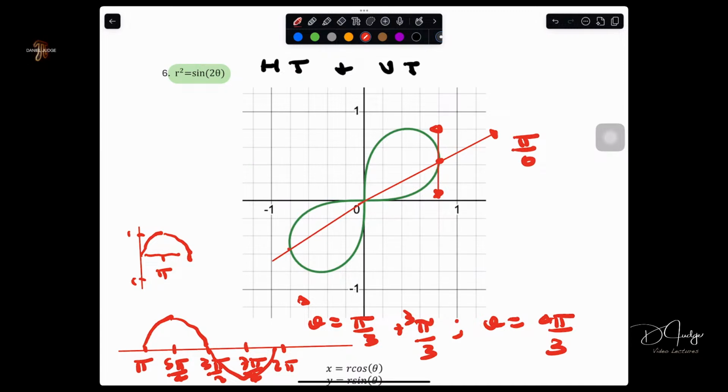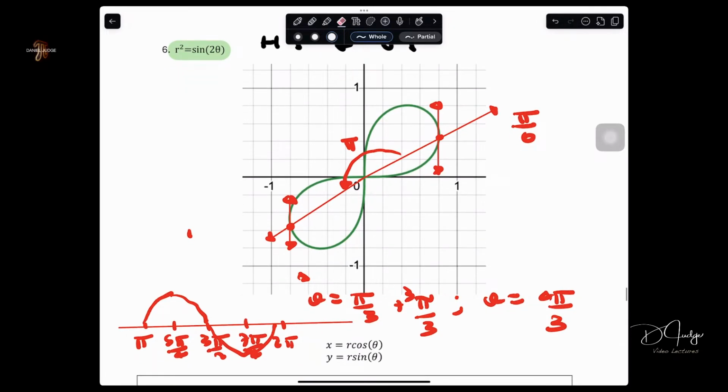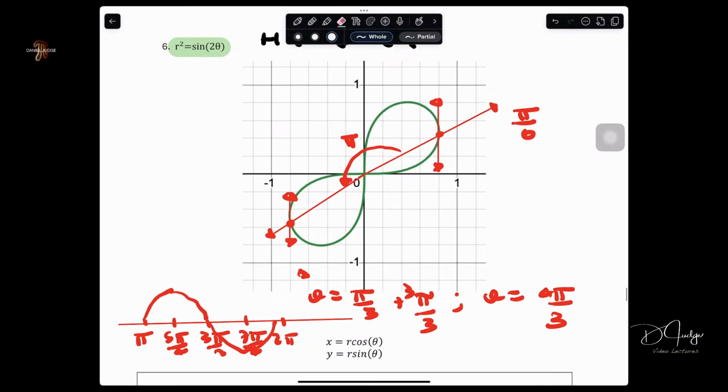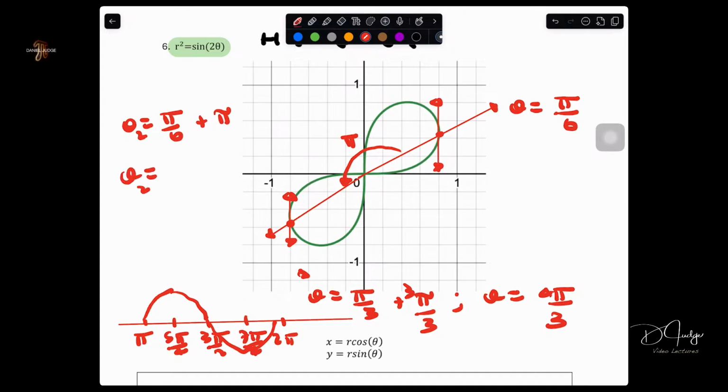You're going to have another vertical tangent in the opposite quadrant here from your picture. And then that'll differ by an angle pi. So let's write this down. This happens where theta is pi over 6 plus pi, or your second angle is going to be 7 pi over 6 here. Okay, so these are the two locations where you have your vertical tangent now.